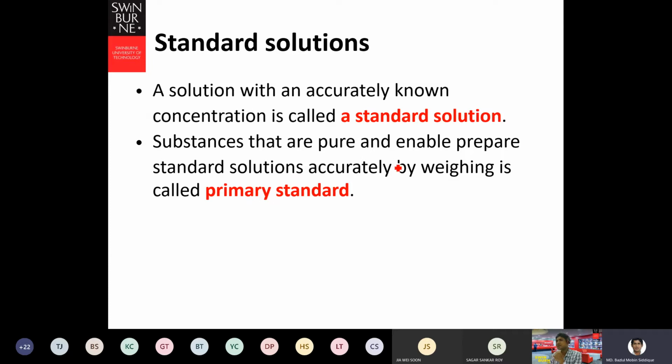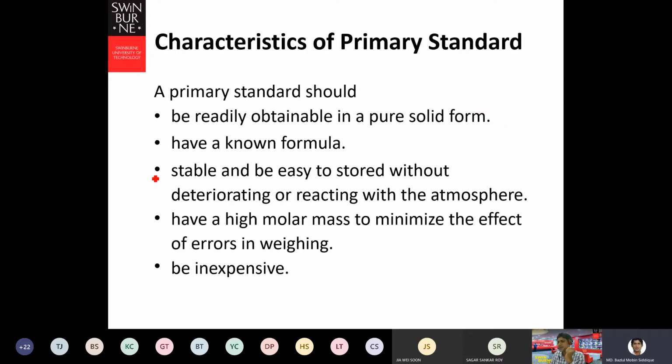For a primary standard, there are some criteria. It should be readily obtainable in a pure solid state, not liquid, but pure solid. That means we can find it in the lab, or purchase it for our lab purpose, in a solid, powder form, right?